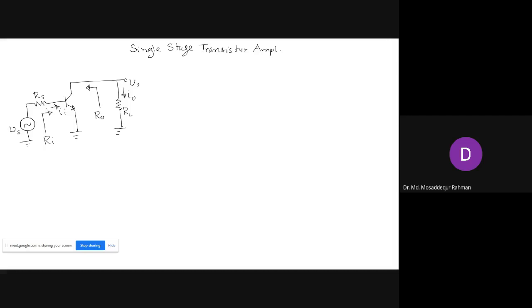So what is this amplifier configuration? Common emitter configuration. Right, this is a common emitter amplifier.